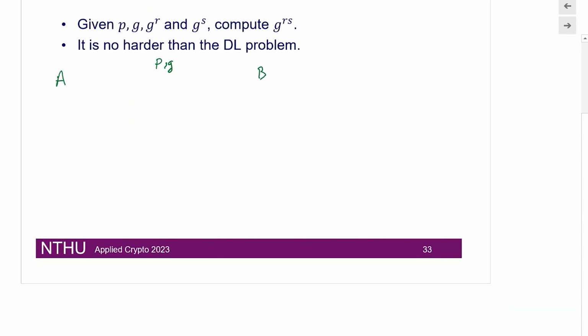The way this algorithm works is that Alice would choose an X randomly from Z_{P-1}, and Bob would do the same thing.